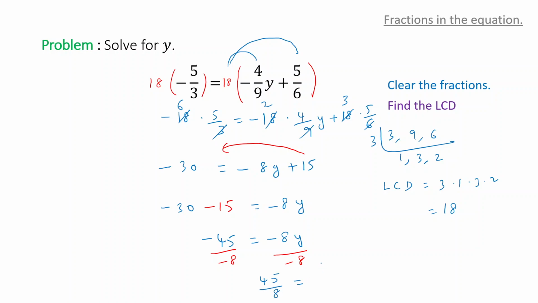So here negative 8, you can cancel y. So here you cannot divide anything. So y is this. You can write as y is equal to 45 divided by 8. This is the solution for this equation.